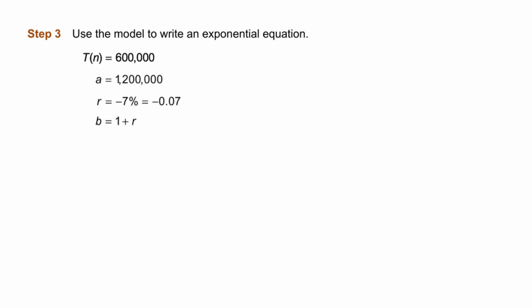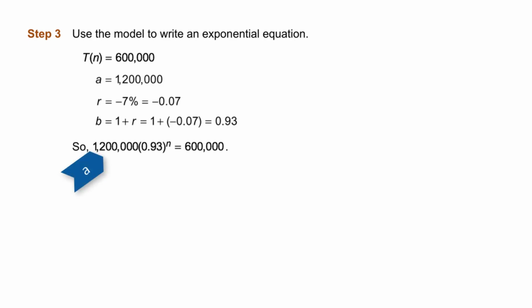And b, recall b will be 1 plus r, and in this case that's 1 plus negative 0.07, or 93 hundredths. That's 0.93. So, substituting values into our function, we have 1,200,000 times 0.93 raised to the nth power equals 600,000.